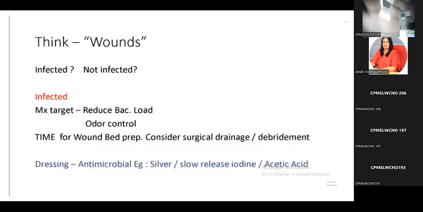So that's why I propose this model. Now, this is the interesting part. When you are presented with a wound, just think about a wound.